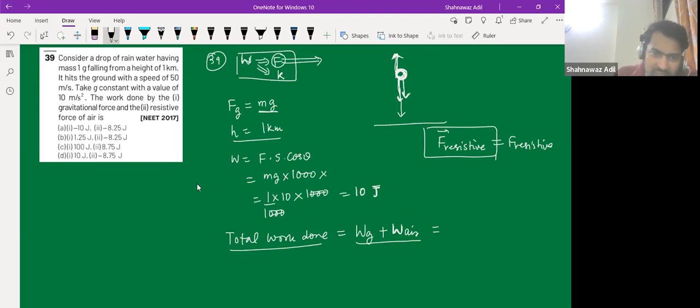So we have a V initial, which is 0 meter per second, and a V final, which is 10 meter per second.